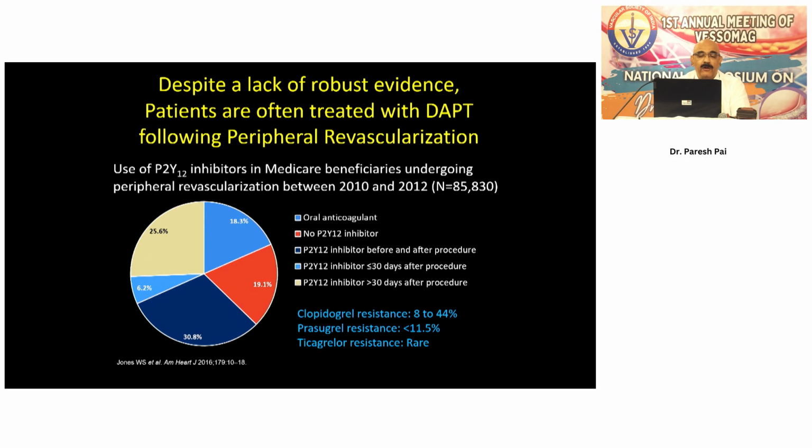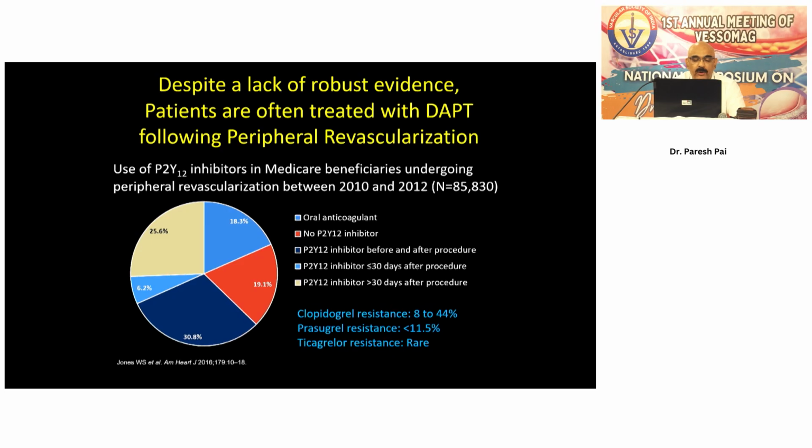So despite lack of robust evidence, patients are often treated with DAPT following peripheral revascularization. And here you can see patients with only an oral anticoagulant, no P2Y12 inhibitor, P2Y12 inhibitor before or after procedure, P2Y12 inhibitor less than 30 days after procedure, and more than 30 days after procedure.